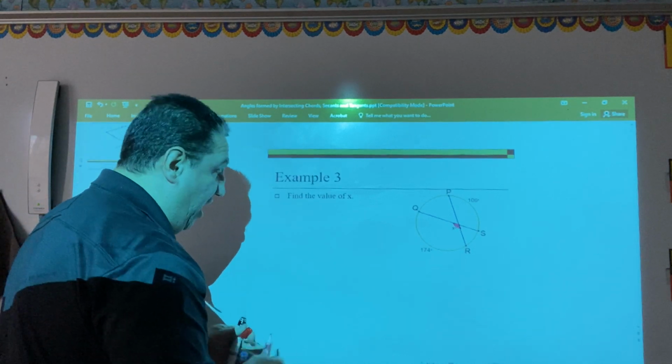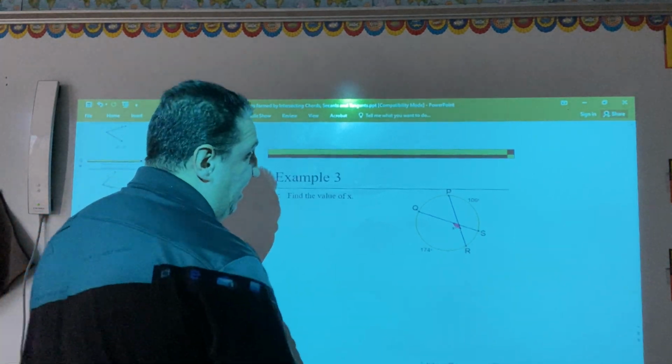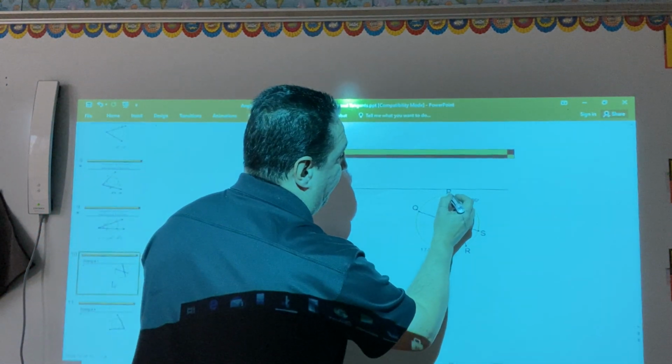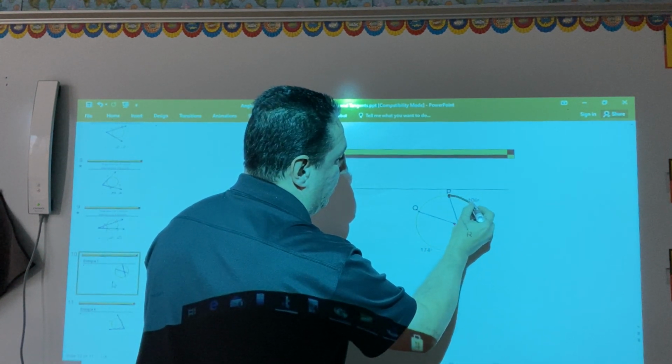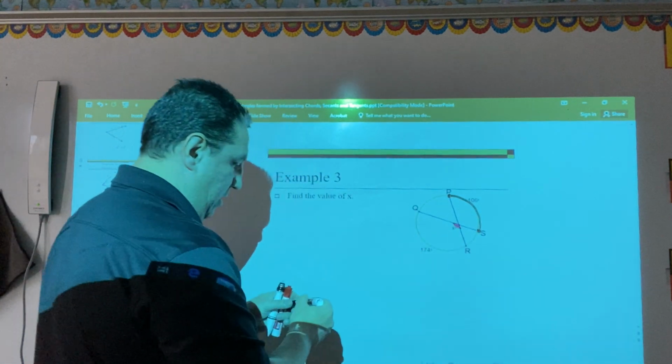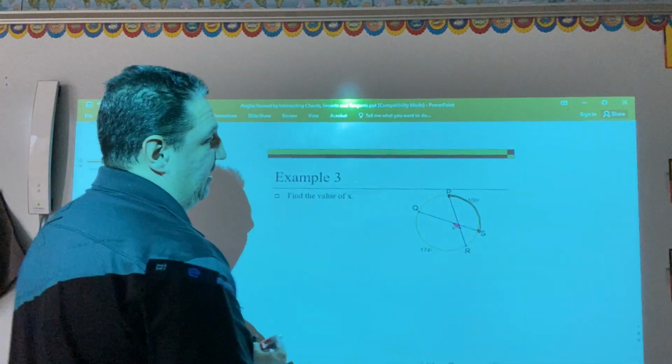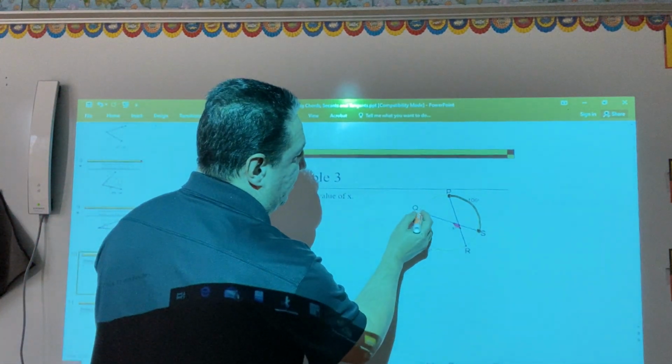The intercepted arcs are, first, PS, and the other intercepted arc is QR.